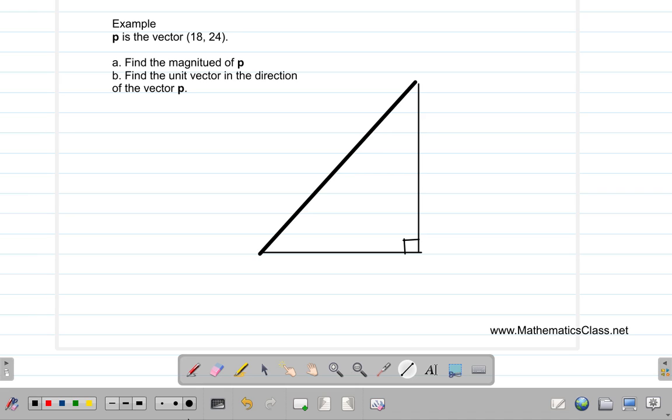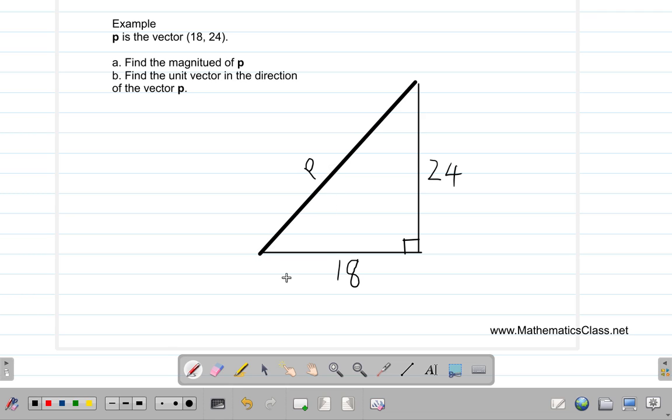You see that? Nice. Vertical side is 18 units long. Horizontal side is 24 units long. Now, here, you must find the magnitude of P. P is this vector. The magnitude will be the length.